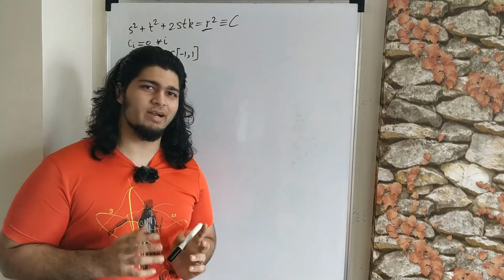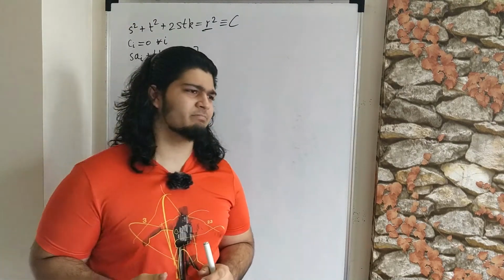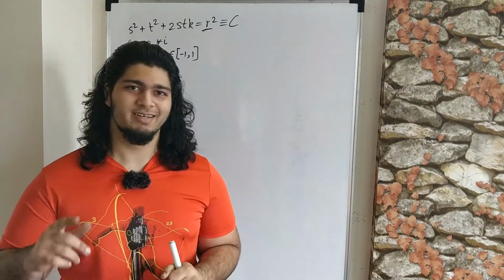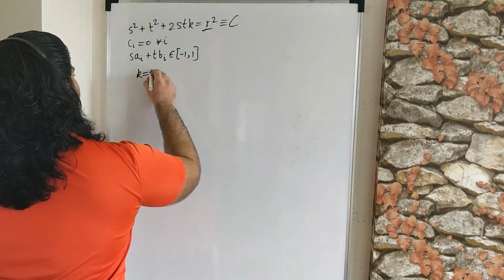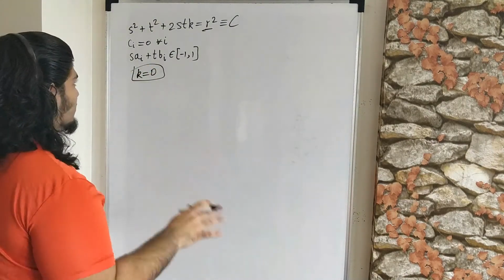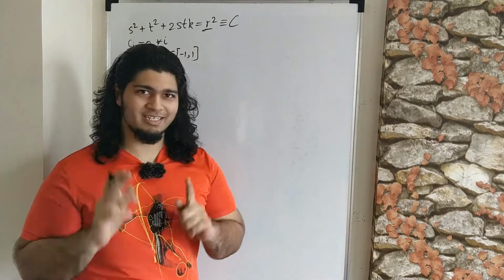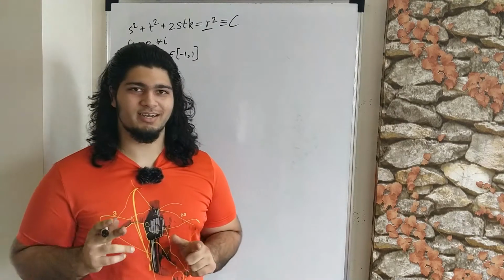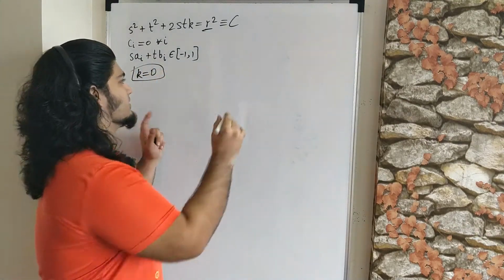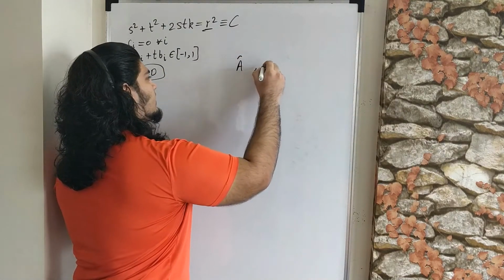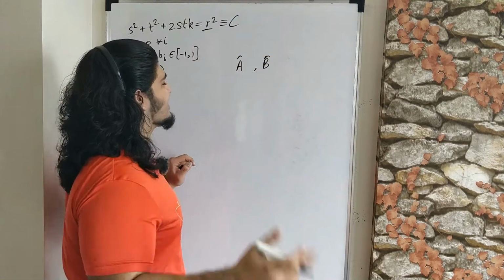And now we made quite a lot of simplifications, and the next simplification may not be too obvious. So now we'll say that k equals 0 can be said without loss of generality. How we can say this is, notice that if we have some plane, then a hat and b hat need not necessarily be perpendicular.